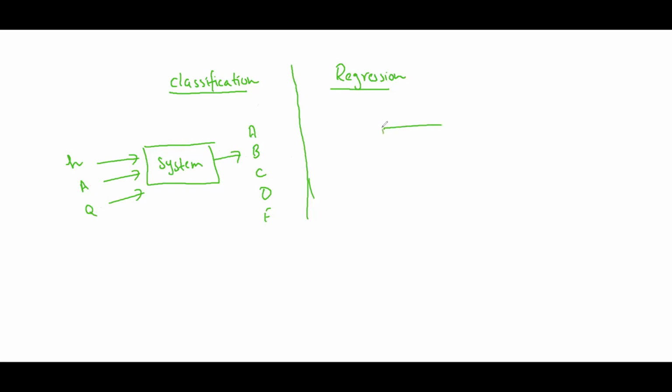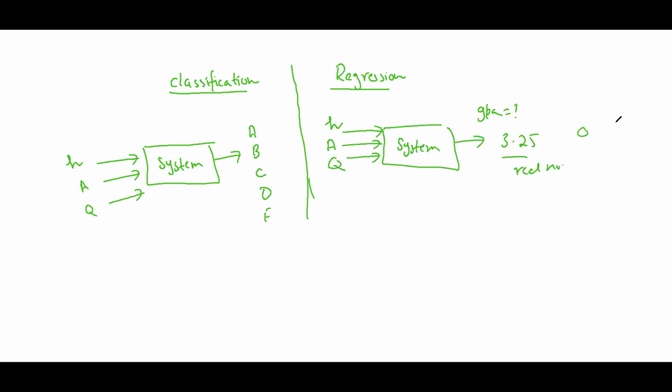On the other hand, if I slightly change this problem, I say, okay, this is your machine learning system. You feed it the same data, how many hours you study, how many assignments you did, how many hours you prepare for a quiz, and you ask this system to predict your GPA. Then this is a real number. It can have any value in an interval.